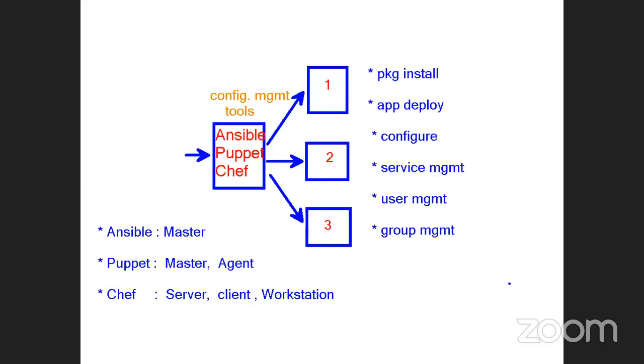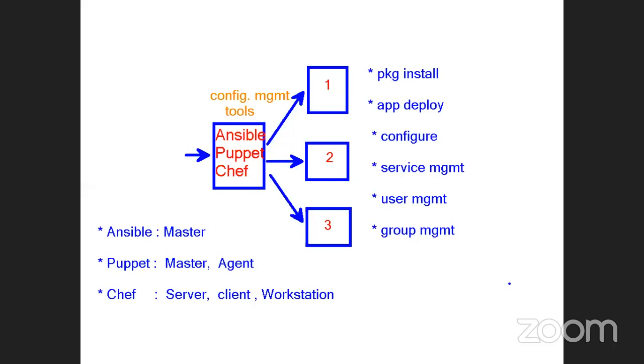So what does Ansible contain? Ansible has a master. Using a master, you can manage all your nodes, all the servers. Okay, and Puppet has both master and agent. And Chef has a server, client, and workstation.